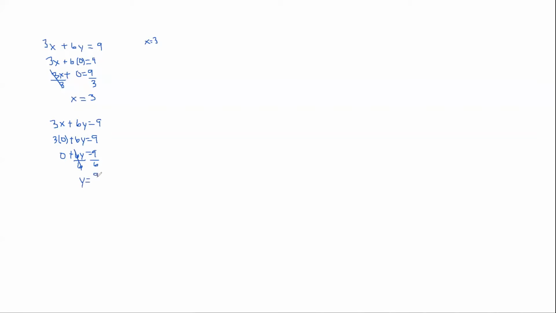Now we have 9 over 6. Then we can simplify this one and reduce it more. So we can divide the top one by 3, and then divide the bottom one by 3. So now our new answer is going to be 9 divided by 3 is 3, and then 6 divided by 3 is 2.